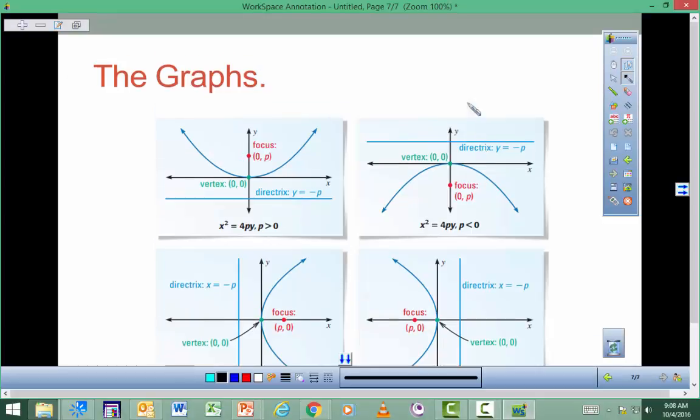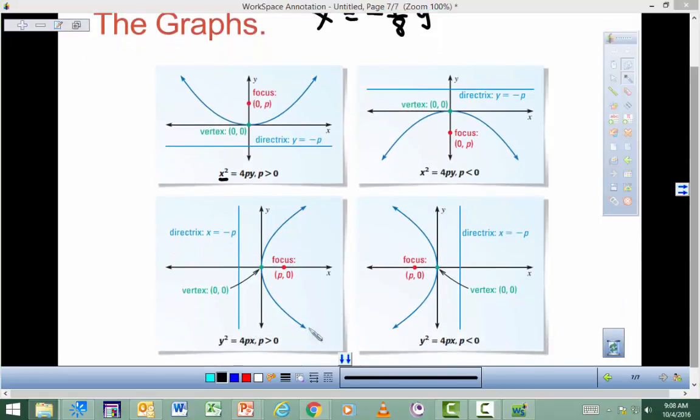Take a look. Isn't this x squared? Well, we have a y squared. You see? So when you have x squared, it opens up and down. When you have a y squared, it opens left or right. So this one opens left or right. Now how can you tell which way it opens? It's negative, so it means it opens left. Right.